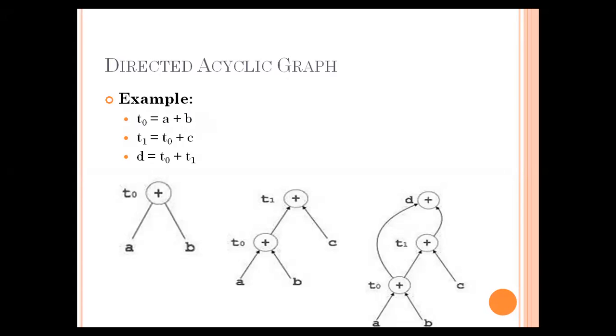So such that D equal to A plus B plus C. First we do A plus B, which I store in a temporary variable. That addition is contained in T0.